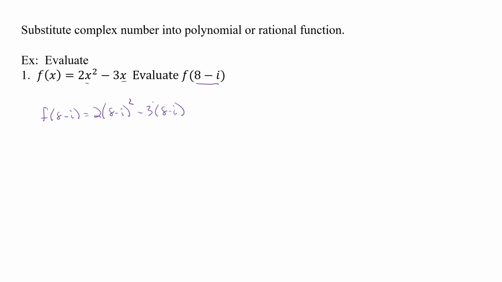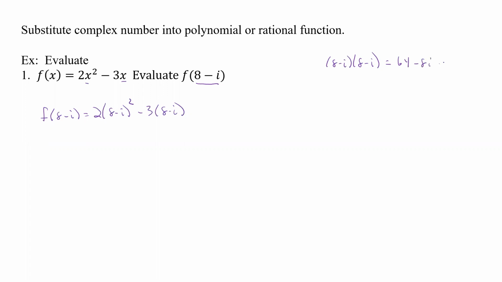Well, now what we have to do is basically square this, multiply this, and then go through and simplify until we get to our final complex number. So if we need to, let's go ahead and write this out to the side maybe. And so maybe we have 8 minus i times 8 minus i. And so that's going to be 8 times 8 is going to be 64. And then 8 times a minus i is going to be minus 8i.